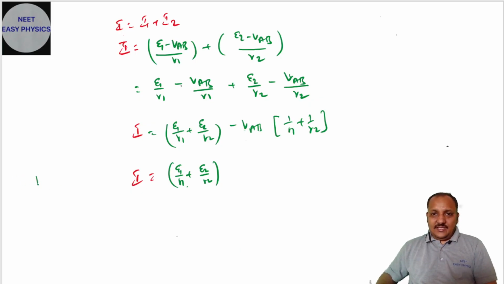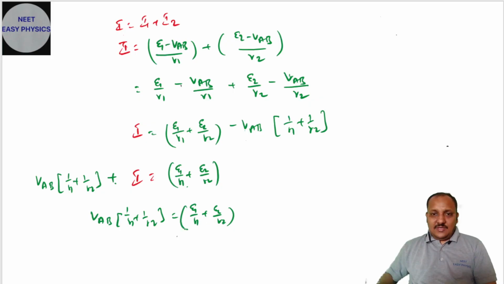So VAB into (1 by R1 plus 1 by R2) is equal to E1 by R1 plus E2 by R2 minus I.